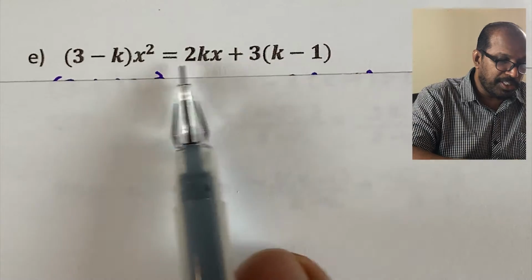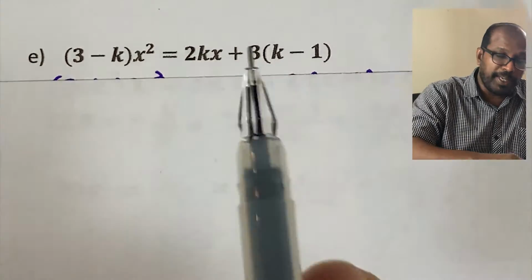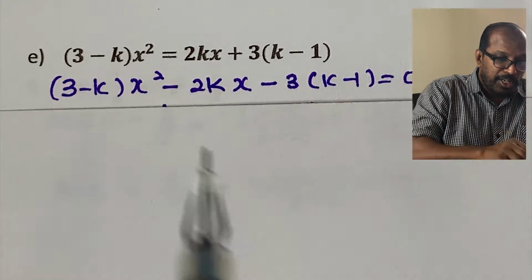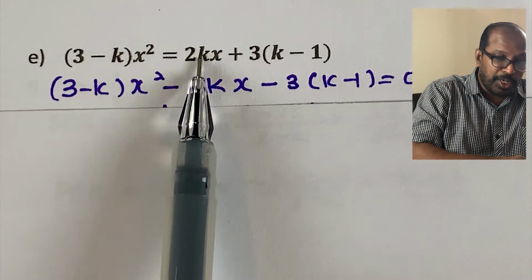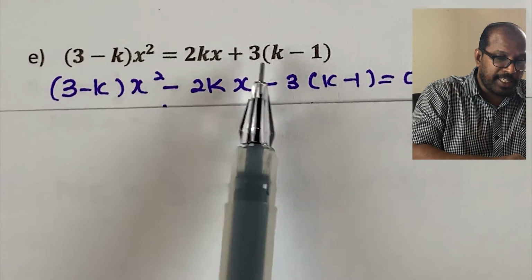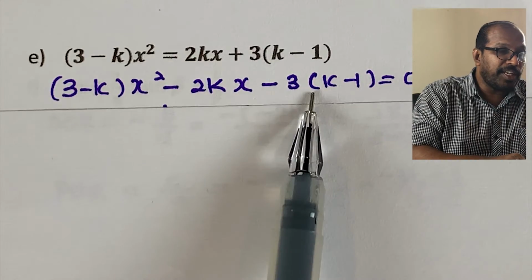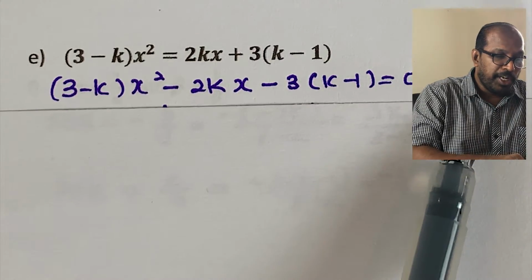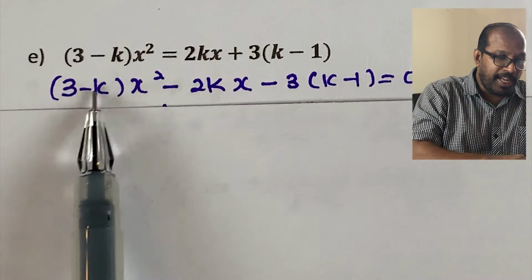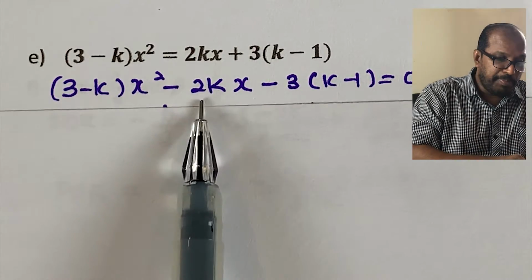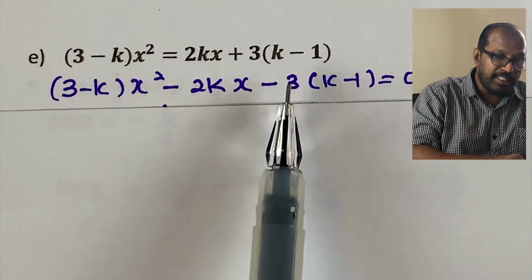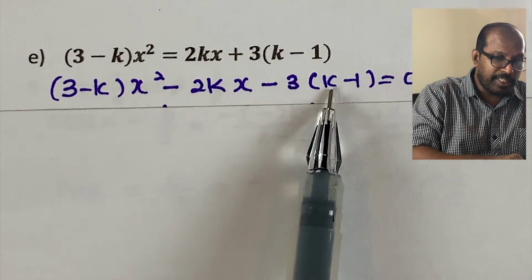This equation is no longer in the form ax squared plus bx plus c, so we have to rearrange. I bring the 2kx to the other side, which is negative 2kx, and I bring 3(k minus 1) to the other side, which is negative 3(k minus 1), equal to 0. Now a is 3 minus k, b is negative 2k, and c is negative 3(k minus 1).